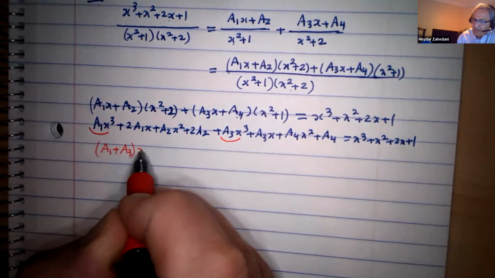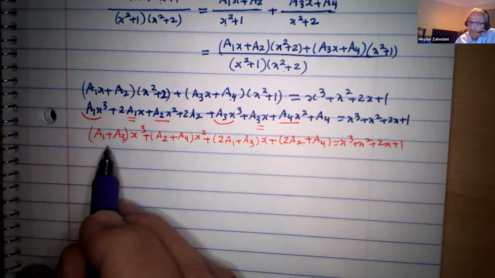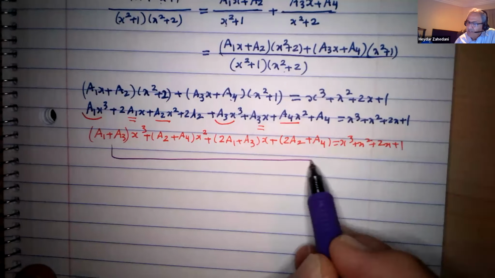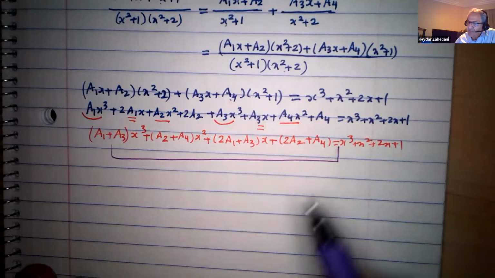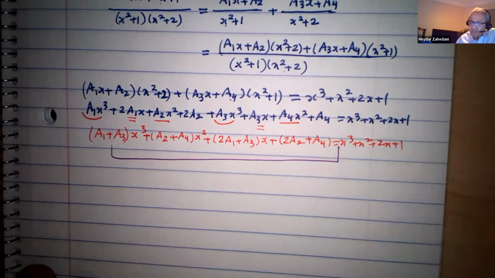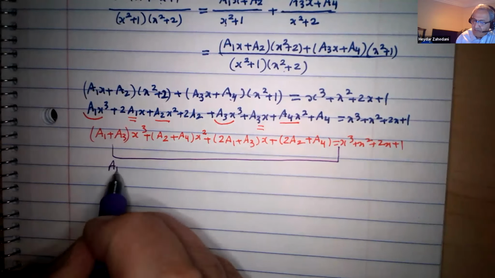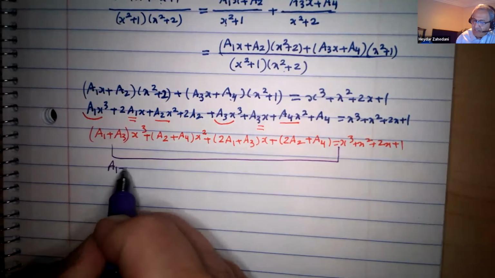You see, you have a cubic polynomial to the right and a cubic polynomial to the left. Two polynomials are equal to each other if the coefficient of each monomial is the same. The coefficient of x cubed is A1 plus A3, and this must be equal to the coefficient of x cubed on the right. So A1 plus A3 must be equal to 1.